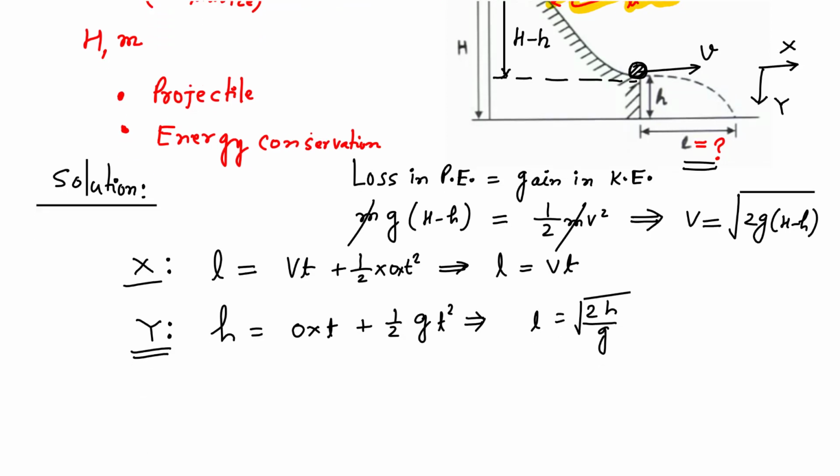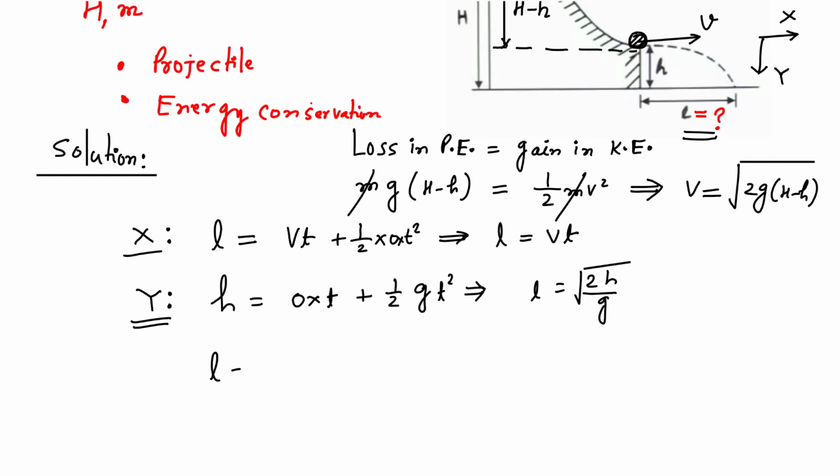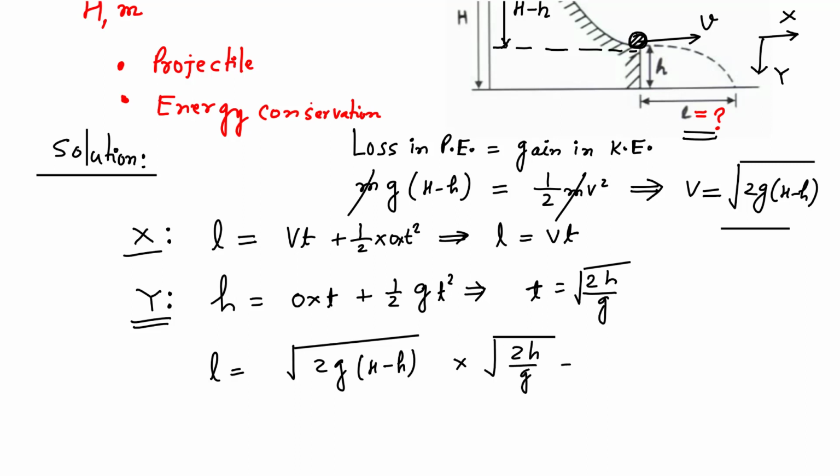So we can write L is equal to vt, where v is the square root of 2g times H minus h, and the time is the square root of 2h by g. So this simply becomes 2 times the square root of H minus h times h.